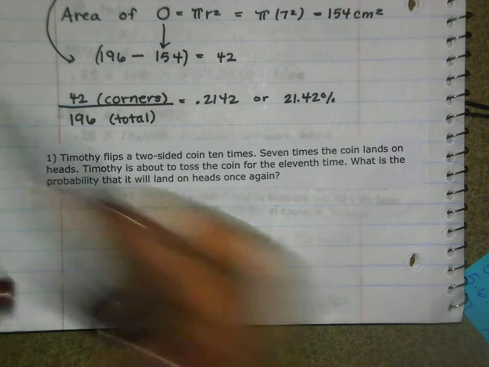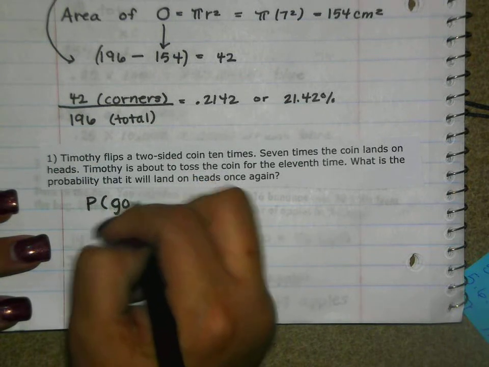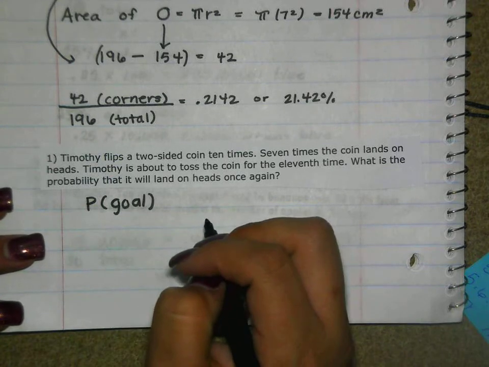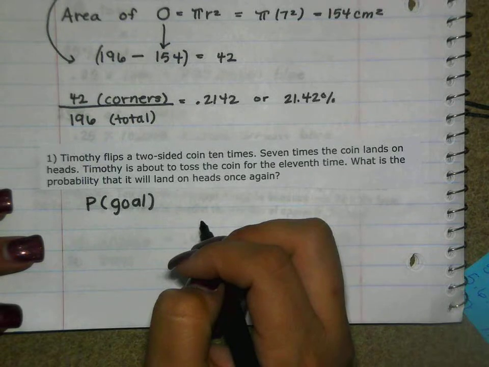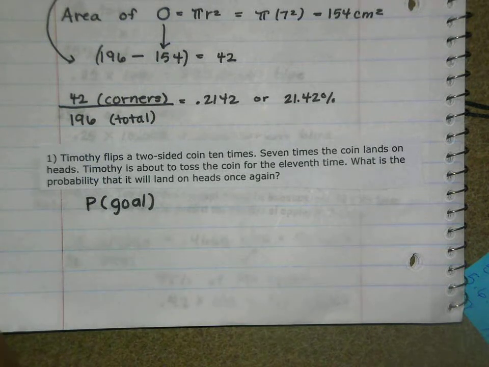So we're going to say, what's the probability of the goal? The 11th toss does not depend on the previous toss, right? Because we only have 2 different outcomes.